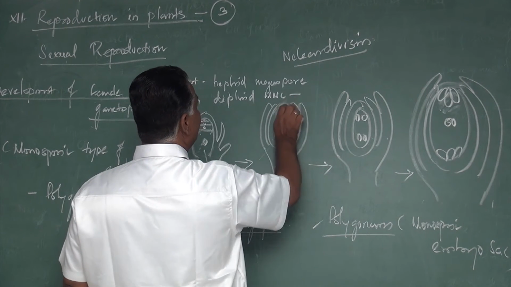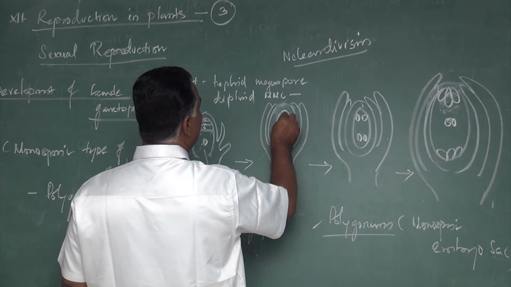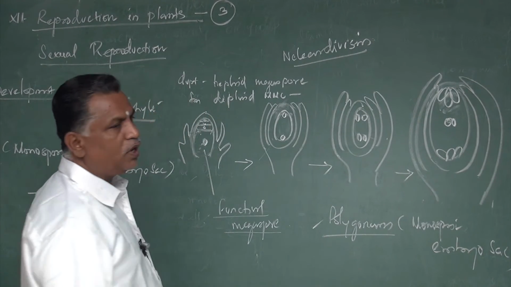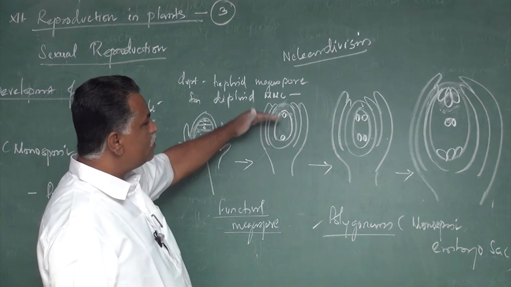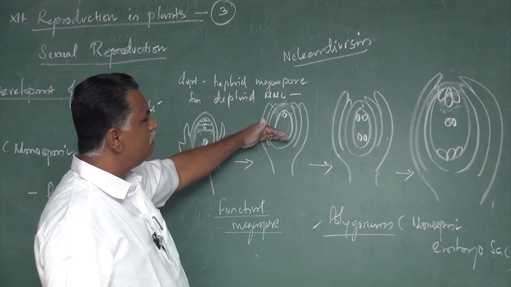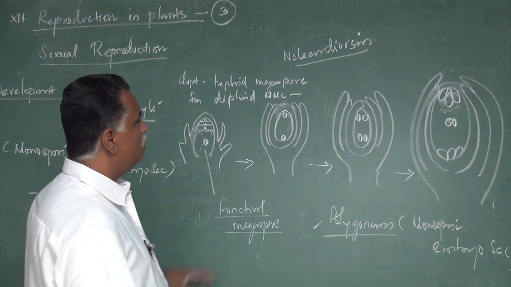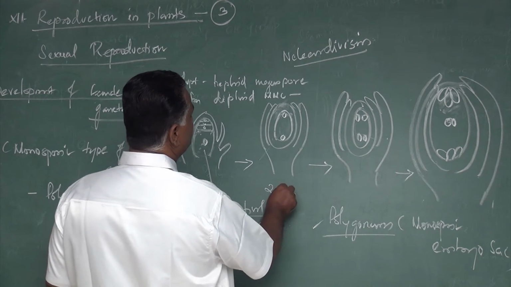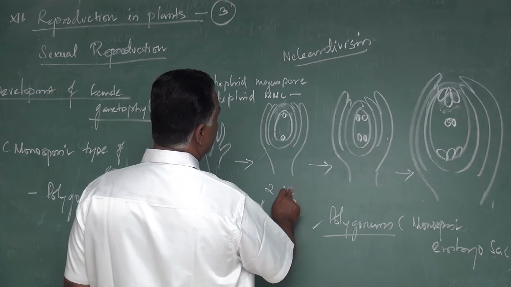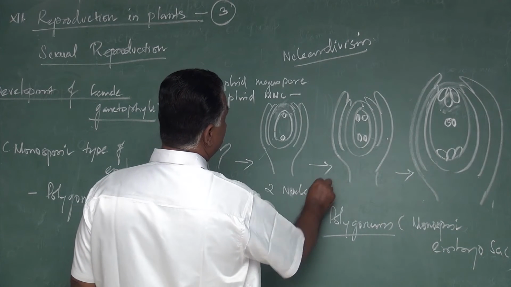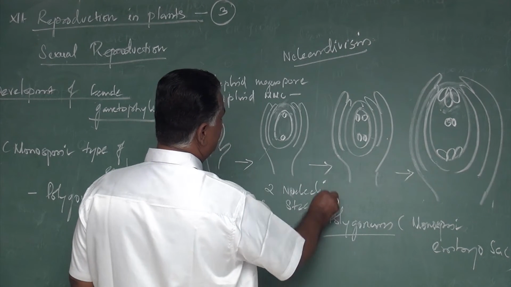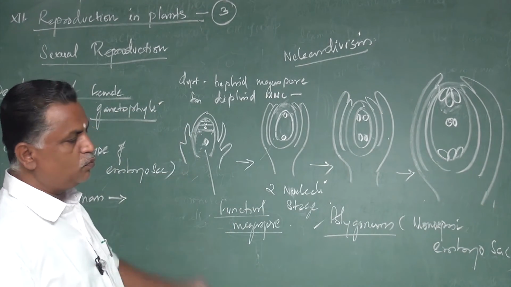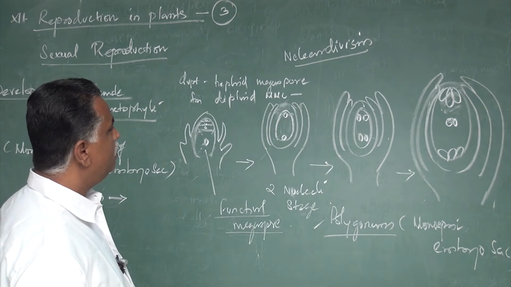A vacuole is created at the center, and the vacuole pushes the haploid nuclei towards the polar regions, one towards the micropylar region, another towards the chalazal region. This is the two-nucleate stage. So we are talking about the polygonum type of embryo sac development, monosporic embryo sac development.